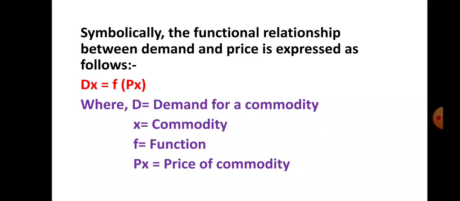Dx is equal to function of Px, where D stands for demand for commodity, X stands for commodity, F stands for function, and Px stands for price of commodity X. So demand for commodity X is equal to function of Px, that is price of commodity X. So symbolically the functional relationship between demand and price is expressed as Dx = f(Px).